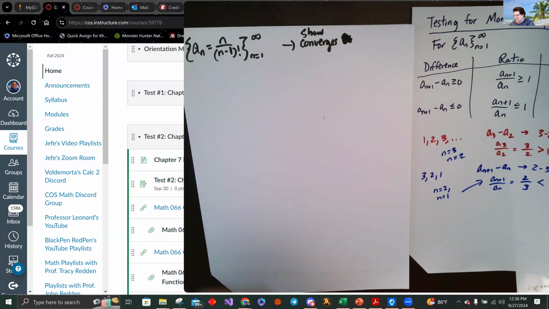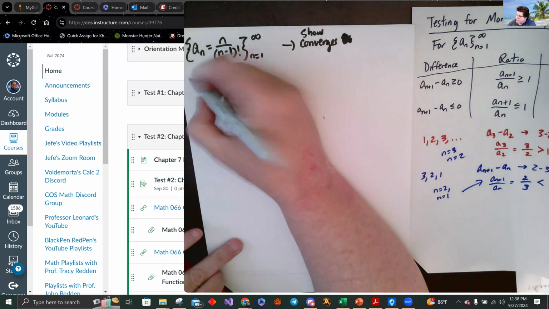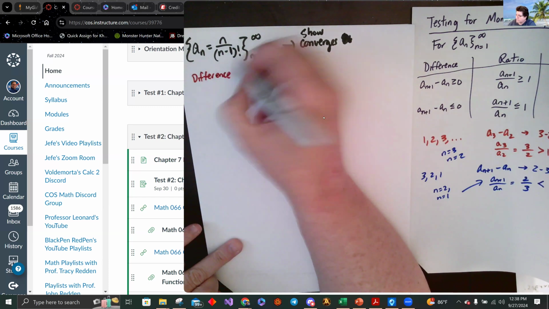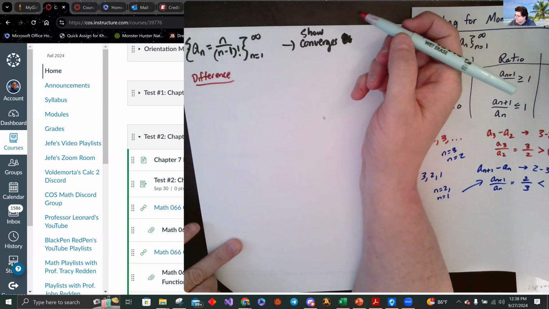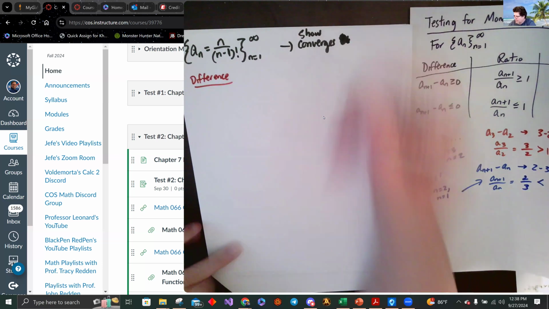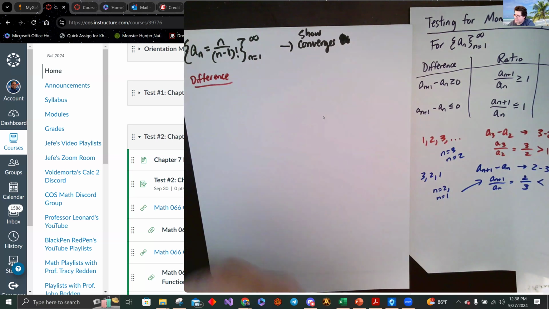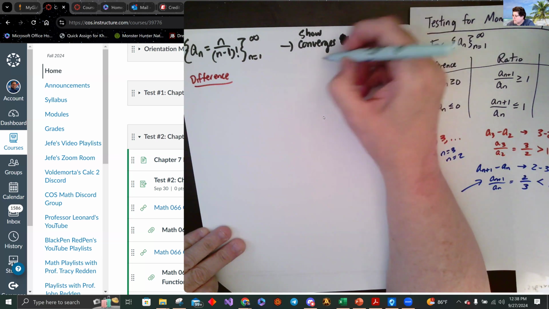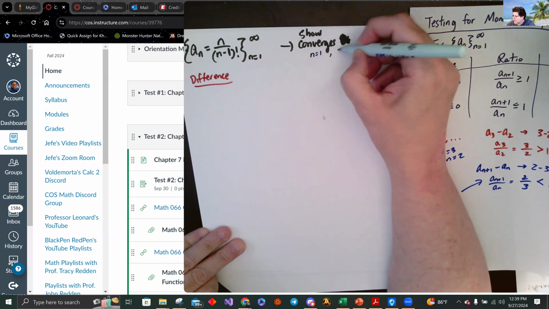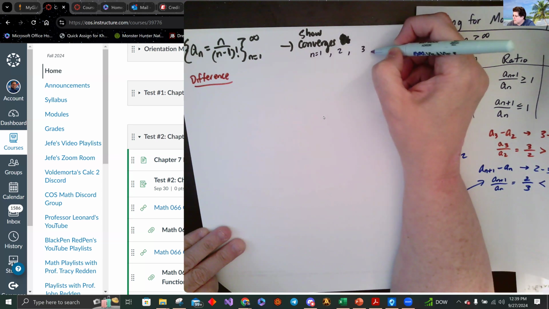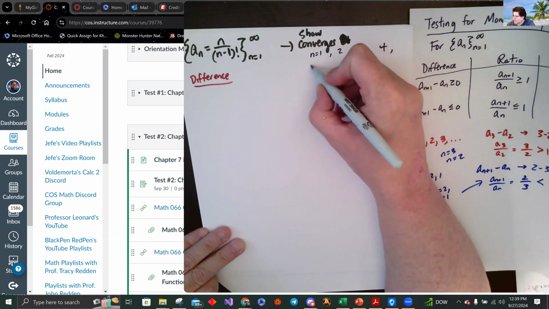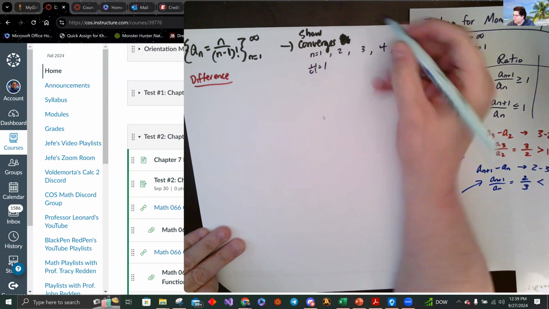So let's take a look at the difference, option one, real quick. And maybe looking at what the sequence looks like will help us see a little bit. If I do n equals 1, 2, 3, 4, let's take a look at a few of them. This is 1 over 0 factorial on the bottom, which is 1 over 1, which is 1.